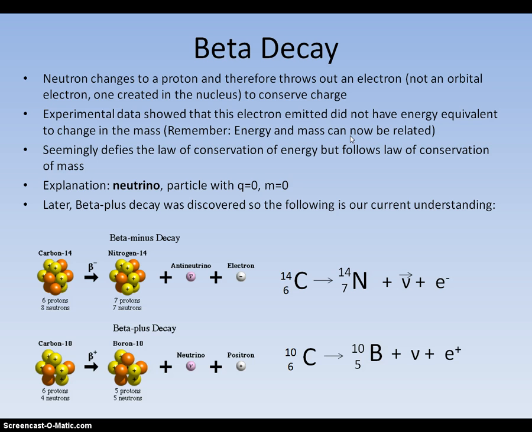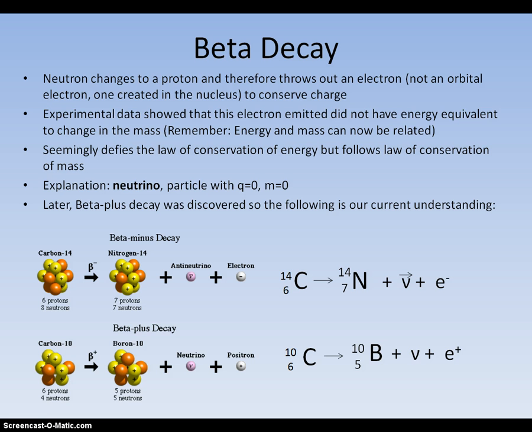But instead of believing that we were breaking such profound rules of physics, we said, well, there must be something else coming out of the nucleus that we can't detect. And if we can't detect it, then it must not have a charge and it must not have a mass. So we called that a neutrino.